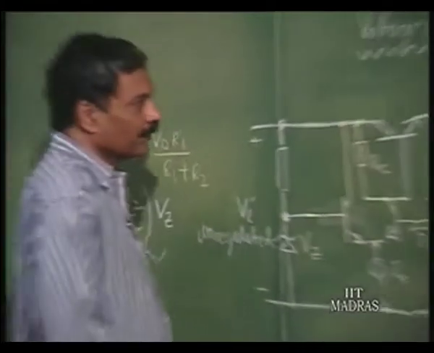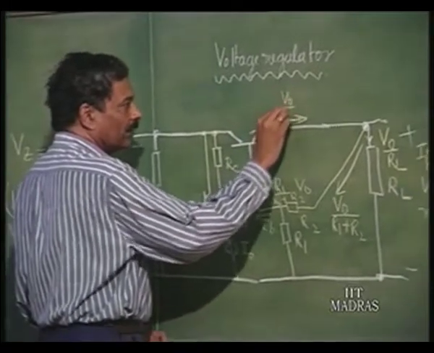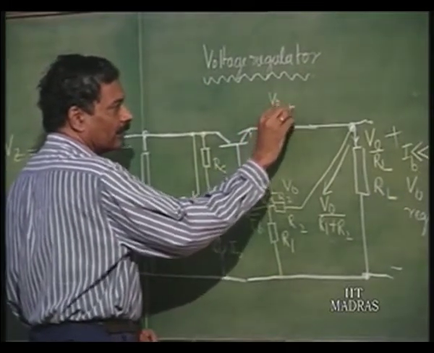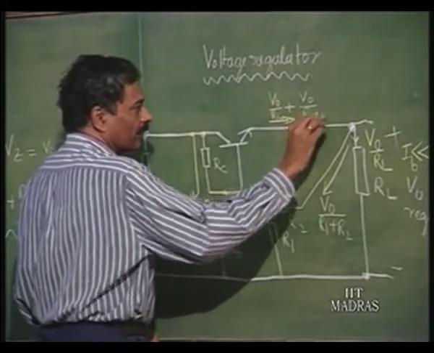Next, this current is nothing but V naught by RL plus V naught by R1 plus R2.